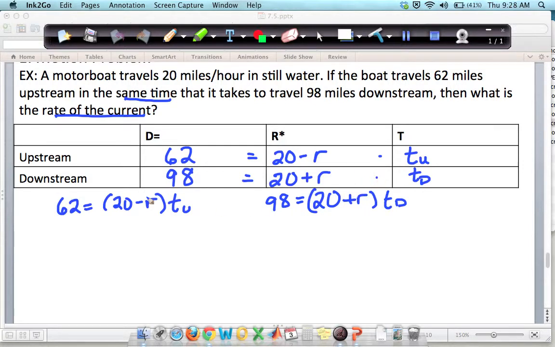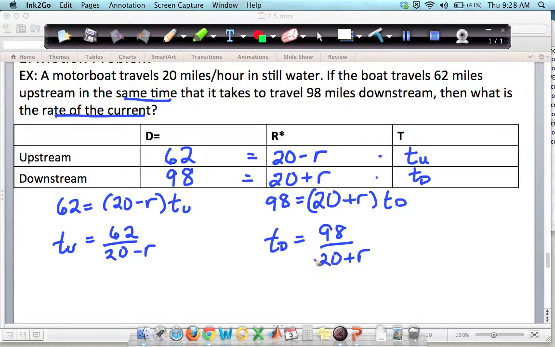I know that they travel in the same time, so I want to solve for time. I'm going to go to this first equation. To get time by itself, I'm going to divide both sides by 20 minus r. So the time upstream would be 62 divided by 20 minus r. I'm going to do the same thing over here. The time downstream would be 98 over 20 plus r.